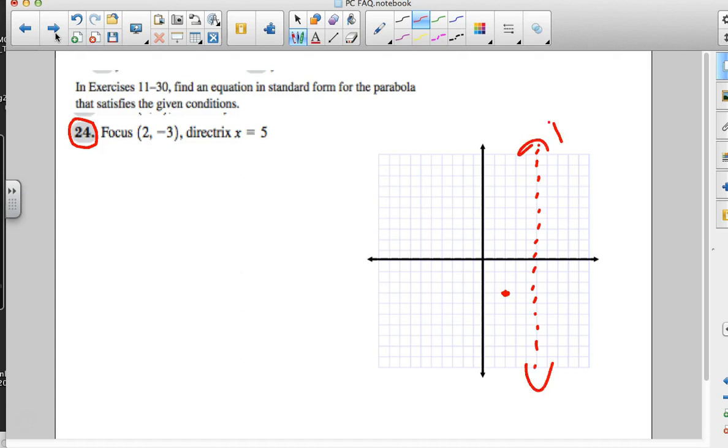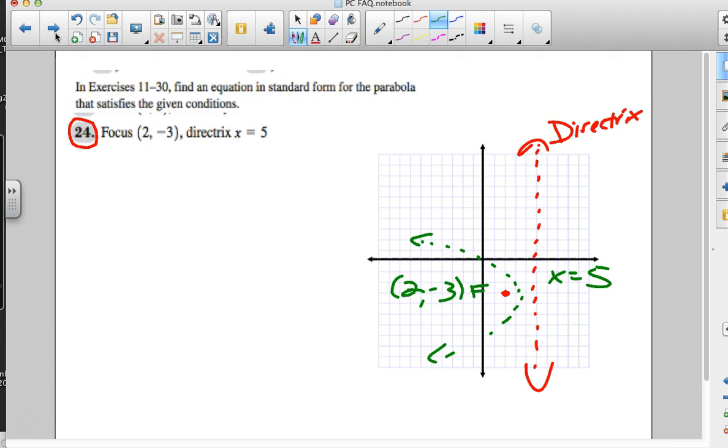Now that directrix is important because it is going to tell us which way this parabola is going to open up. Because remember, the directrix is the line that says don't go this way, go the other way. And it also helps us figure out where that vertex is, because that vertex is going to be halfway between our focus at (2, -3) and that line of x equals 5.